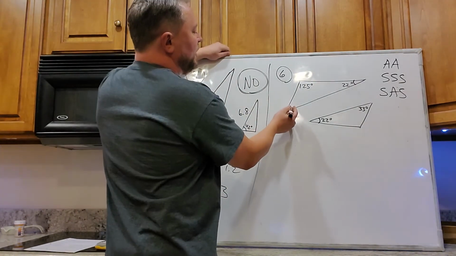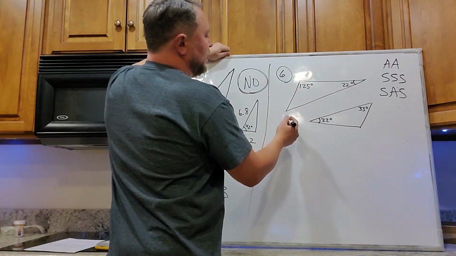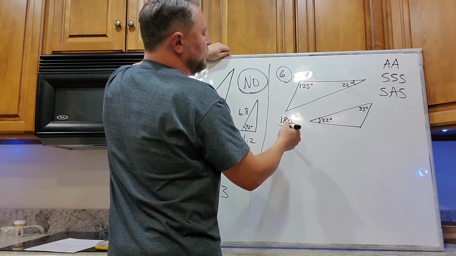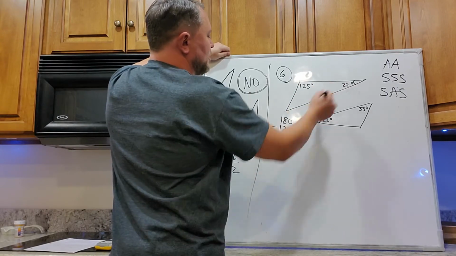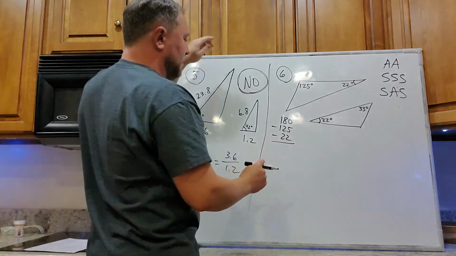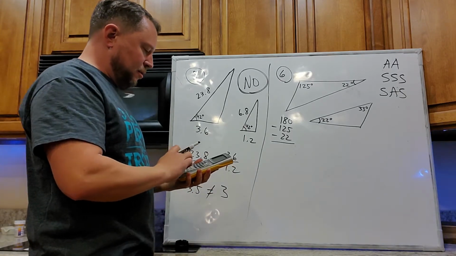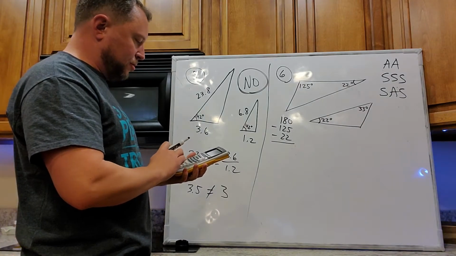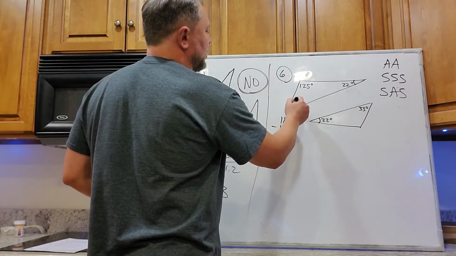So if I were to find this last angle here, for example, I could find that by taking away from 180, which I know all three angles add up to. We could take away the 125 and take away the 22. Okay, so if we do our math here, 180 minus 125 and minus 22 gets me down to 33 degrees.